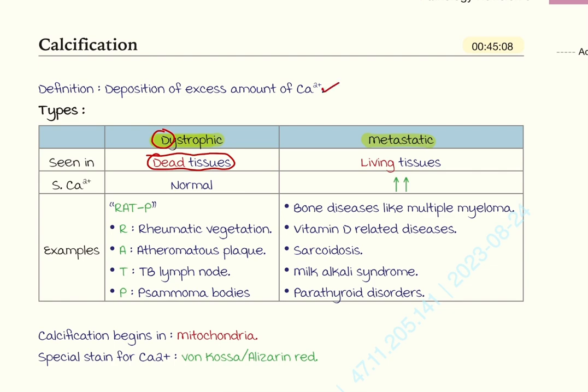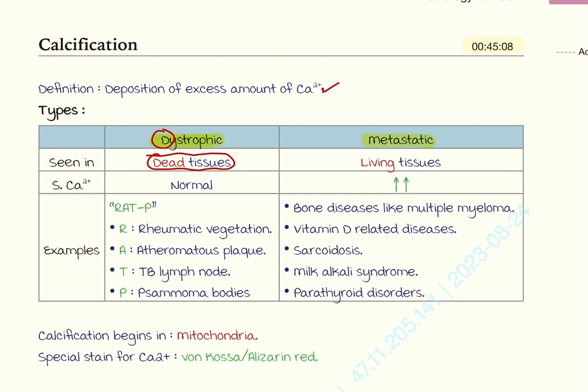Now that can happen in a normal living tissue or can happen to a dead tissue also. That can happen in a hypercalcemic state, means the blood calcium level is already high, and in that background there is calcium deposition in the living tissue. That is what is metastatic.